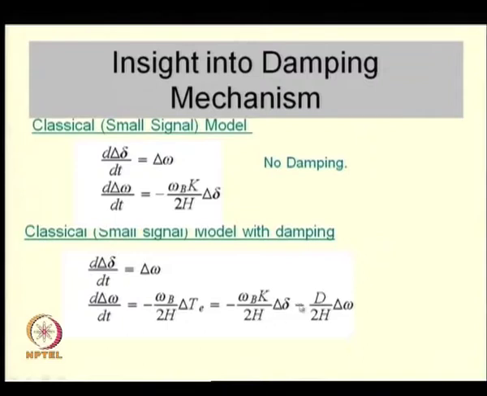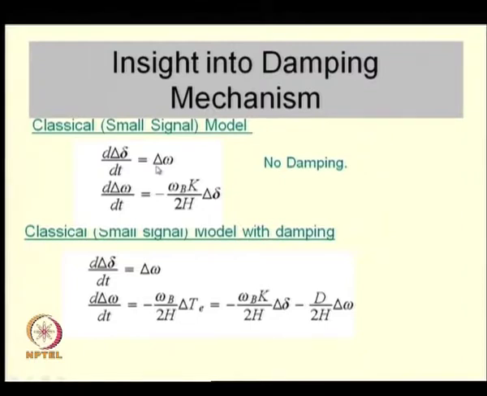So, this is what is indicated here. In fact, you can show that if k and d are greater than 0, the eigenvalues of this system are going to have a negative real part, which indicates that the oscillations will die out with time. Whereas in the first case, there is no damping, you will have eigenvalues which are a purely imaginary complex conjugate pair.